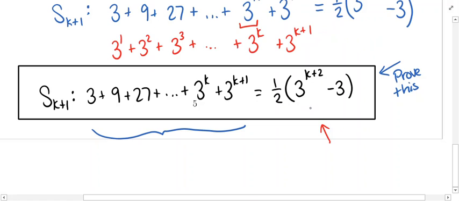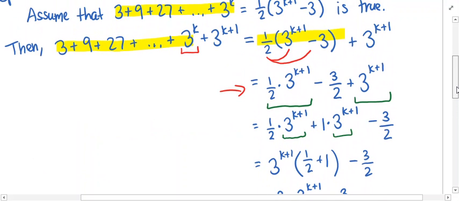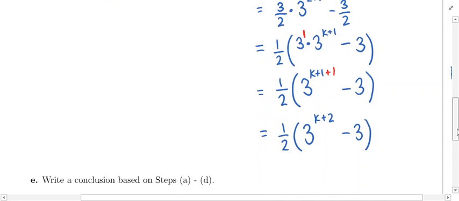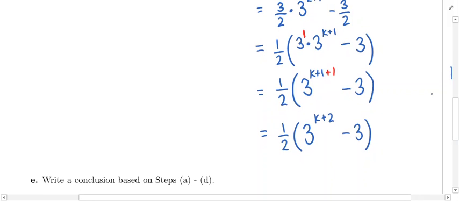And that is exactly the right side of the equation in part C. So we are done. We started with the left side of the equation in part C. We used our assumption, we did some algebra, and we ended up with the right side of the equation in part C. So we can just jot something down that we have done this.